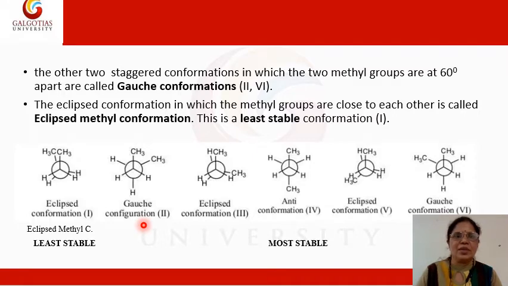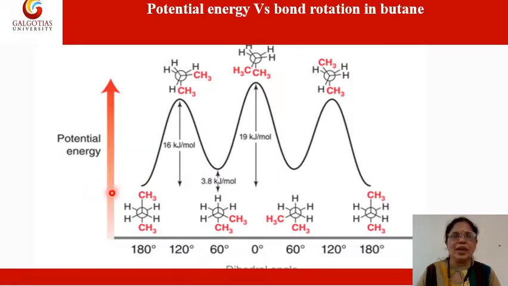The eclipsed conformation in which the methyl groups are close to each other is called the eclipsed methyl conformation, and this is the least stable conformation, as in the first structure, in which we can see the two methyl groups are very close to each other.